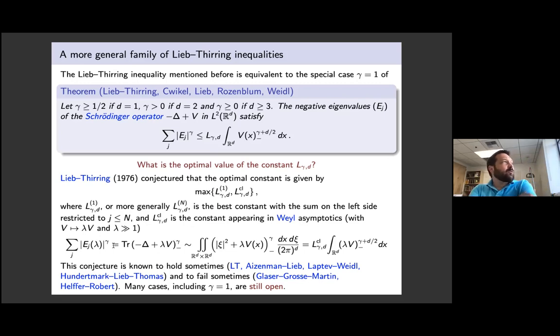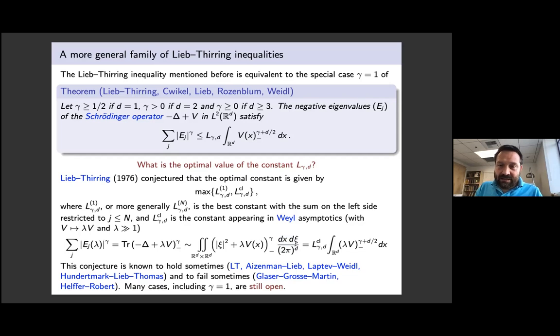But the reason why I'm doing this is that Weyl calculus or pseudo-differential calculus says exactly that in order to evaluate such traces, you can look at the symbol of the operator, which is a function on classical phase space, which is xi squared plus lambda V of x. Now you take the function of that symbol. So again, you take the negative part, raise it to the power gamma, and instead of taking a trace, you integrate over phase space.